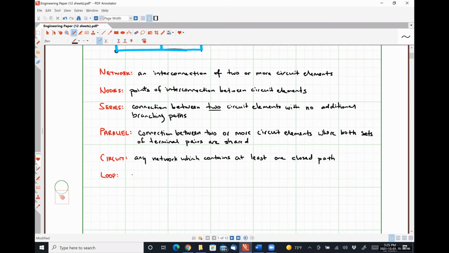A loop will be considered any closed combination of circuit elements and nodes.